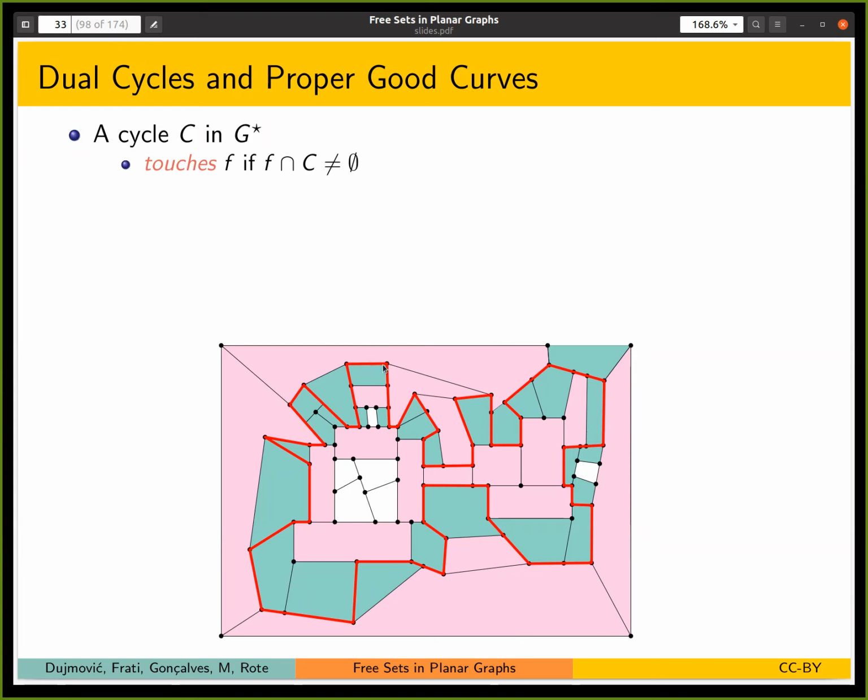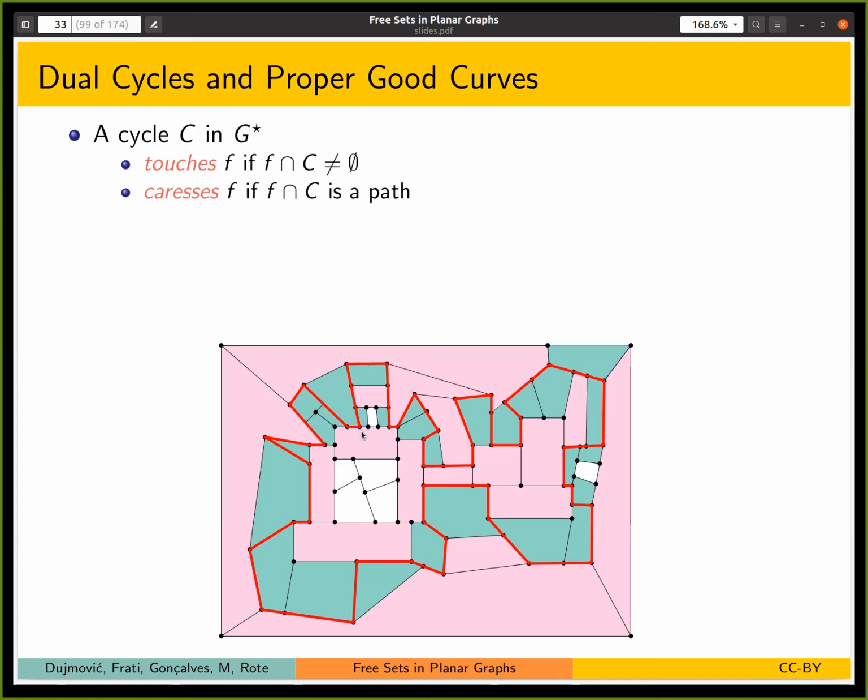We'll say that the cycle touches a face if it uses one of its edges. And since this thing is three regular, if it uses one of its vertices, it actually has to use one of its edges as well. We'll say that it caresses a face if its intersection with that face is a path.